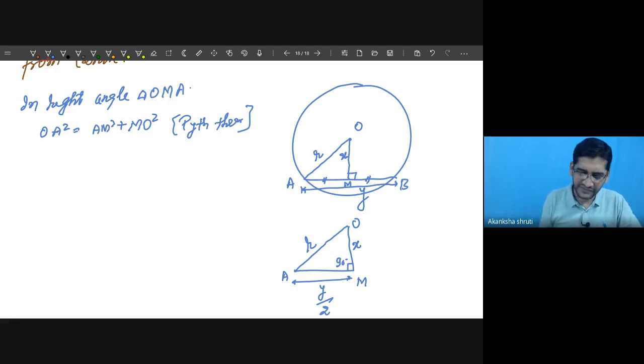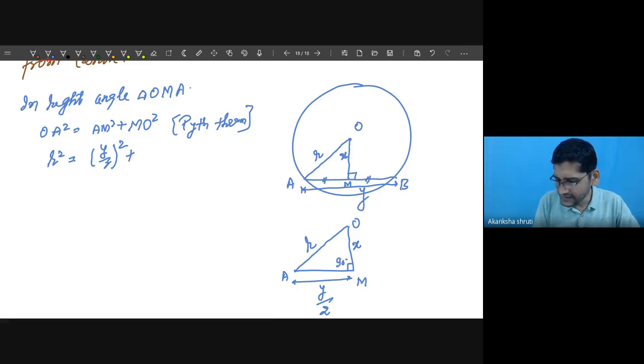Now here OA is our radius, square is equal to Y by 2, whatever the length is given, that square, plus X square.